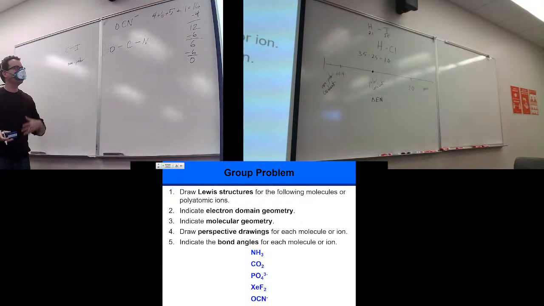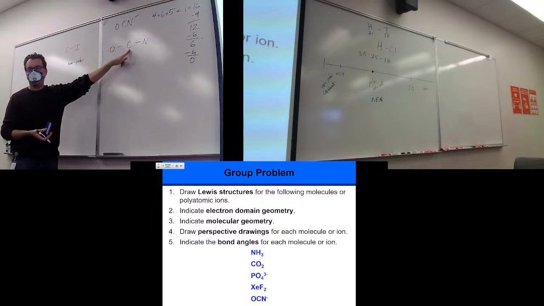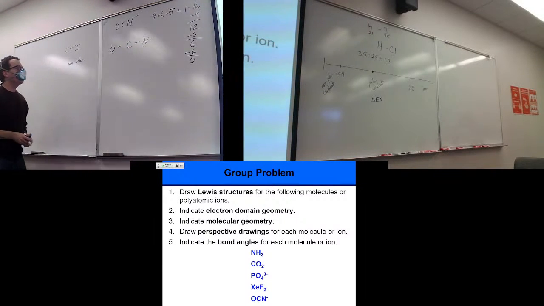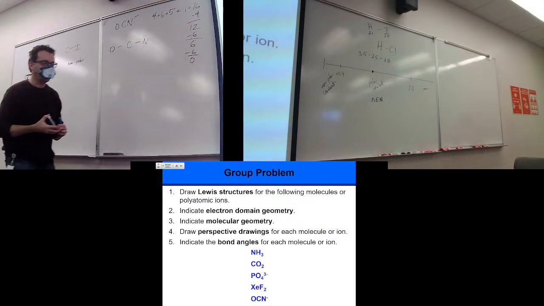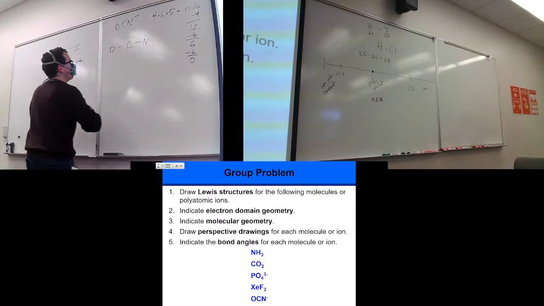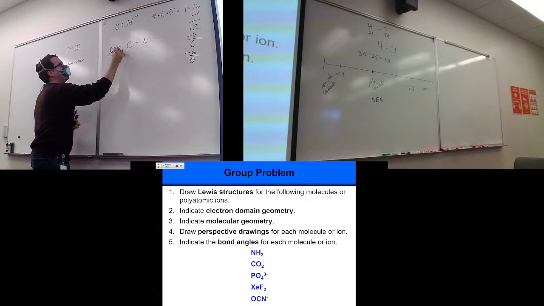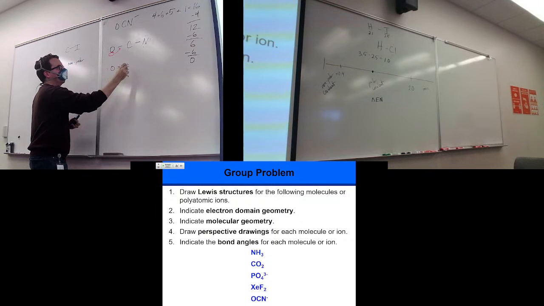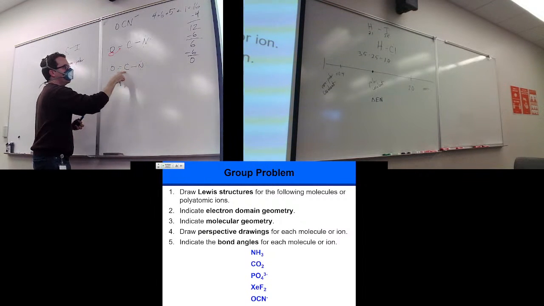Now I'll do the octet rule for the central atom. I don't have any more electrons, but this thing needs 4 more. It's only got 4 electrons next to it. So I've got to share. And I know I showed you guys formal charge, but let's hold off on formal charge for a second. Let's just do it symmetrically. I'm going to share a pair from this side, which will get me close. I have now 6 electrons next to the carbon.